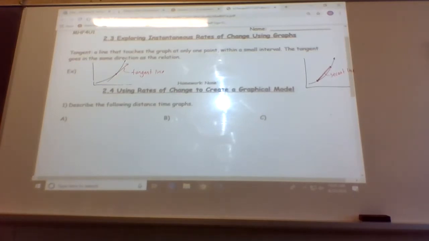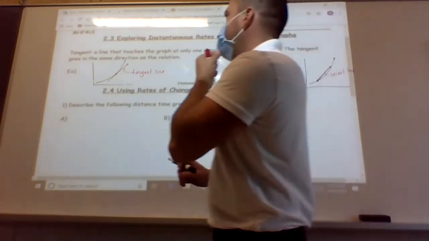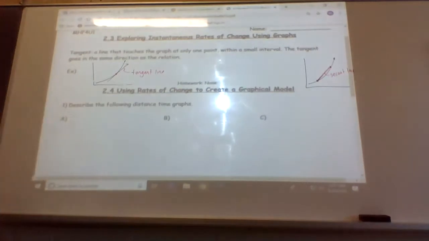Secant line is average, tangent is instantaneous. It touches the graph at one point only.